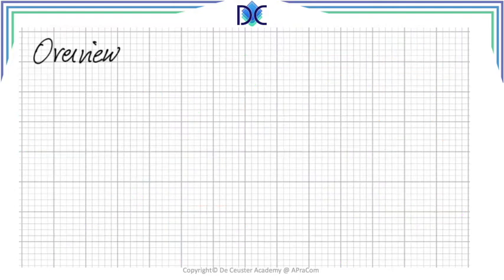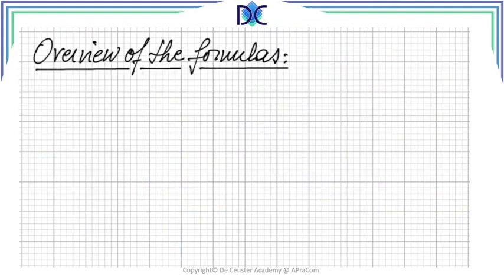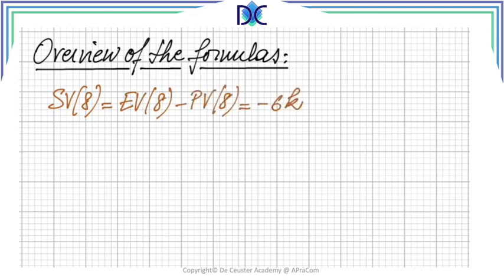Now let's have a look at an overview of the formulas. And when we look at the formulas, we have it a little bit different. We can define the different formulas here. So we say the schedule variance at period 8 is the earned value at 8 minus the planned value at 8.